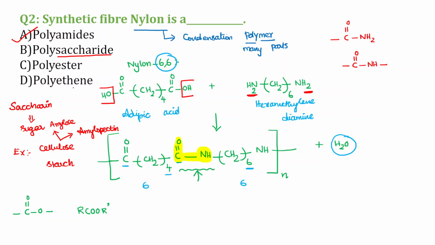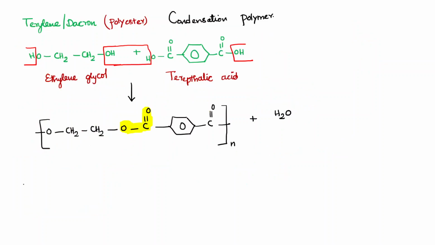So what is polyethene? Polyethene is produced from ethene. Ethene can be represented as CH2 double bond CH2, and here there will not be any elimination. Instead, many molecules are going to get added. In the sense, it is called homolytic cleavage.